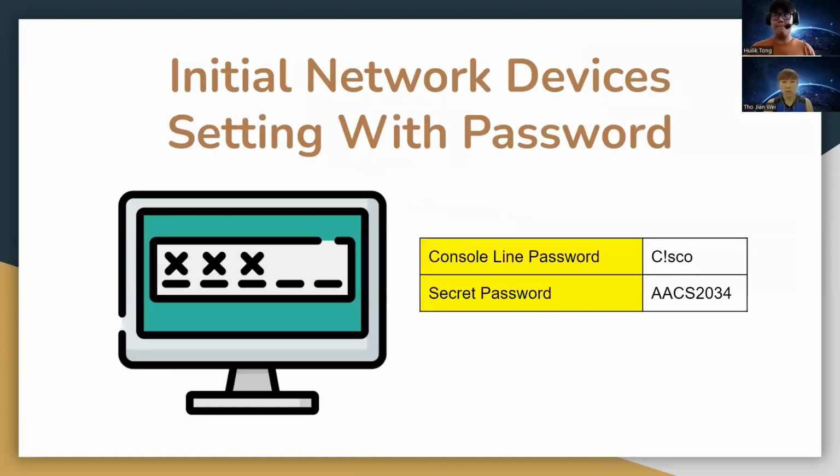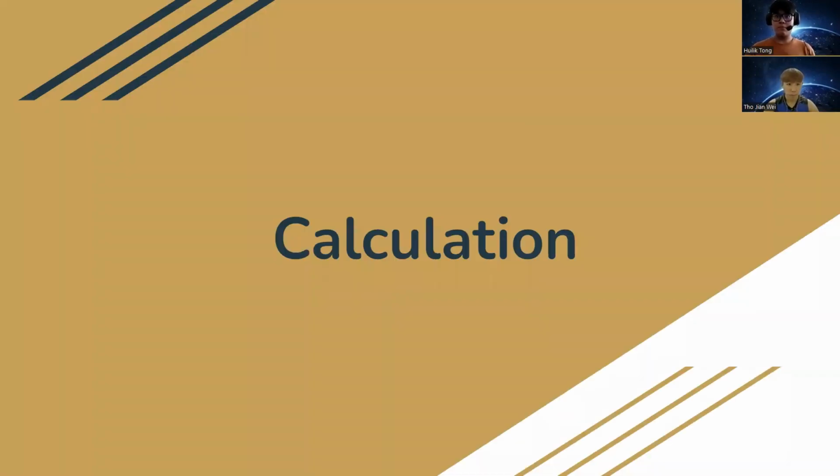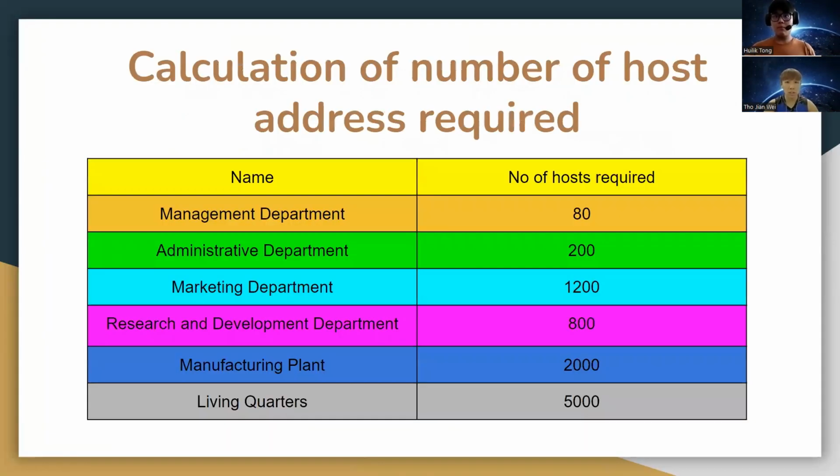The initial network device we choose is the switch, and the console line password we set is Cisco, and the secret password we set is AACS2034.